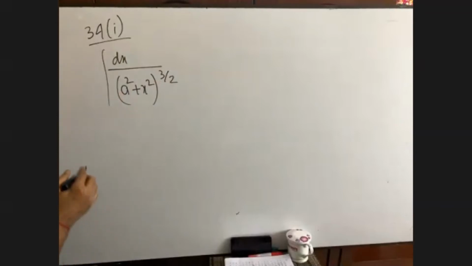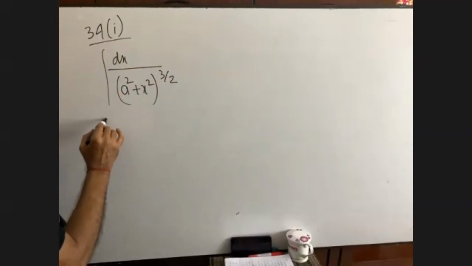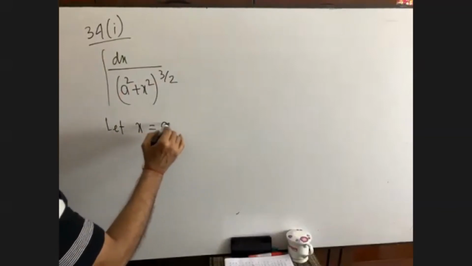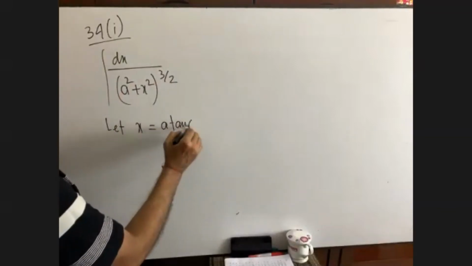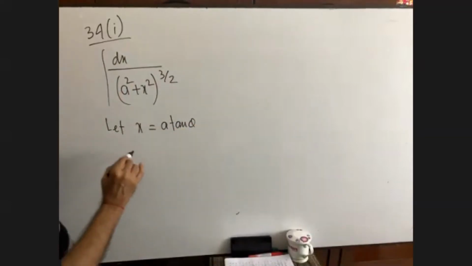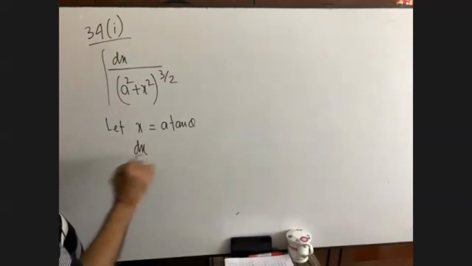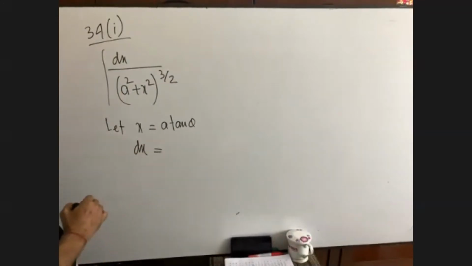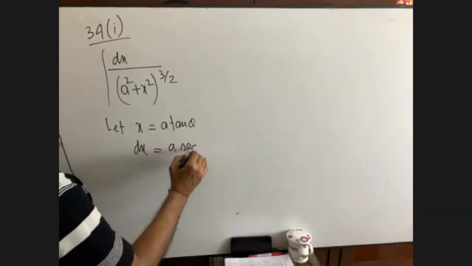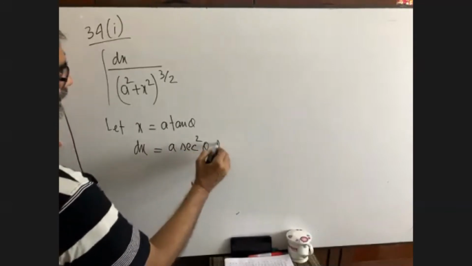Write down what is to do. Let x equals a tan theta. Therefore we are getting dx equal to a sec square theta d theta, right?